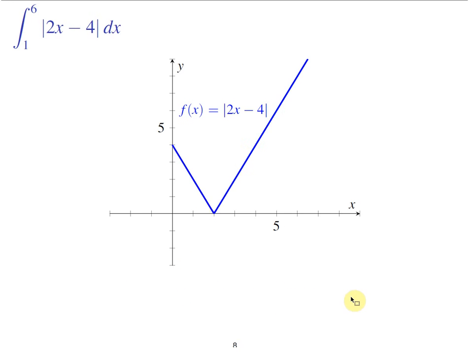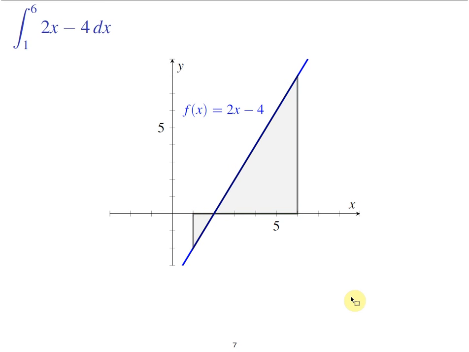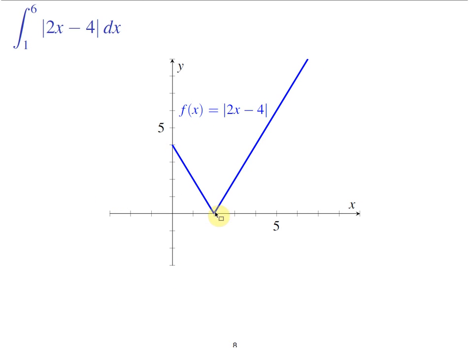And the next example is actually the previous example's function. So this curve in blue right along here, it's just now we have to take any part where y is negative and flip it. We have to reflect across the x-axis because of the absolute value. So you get a graph that looks like this V shape. There's a part that's sloped 2 here and a part that's sloped -2. We're still going to look from x between 1 and 6.